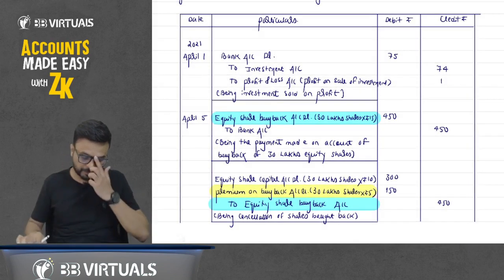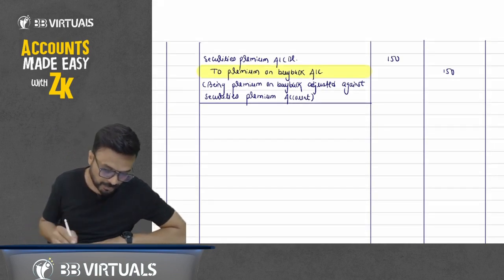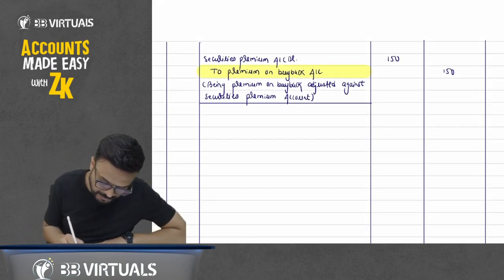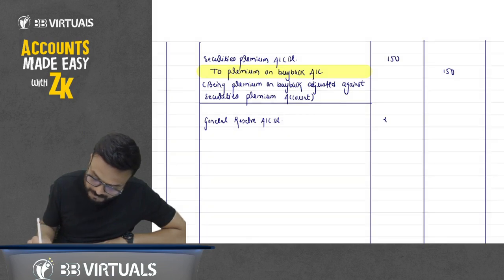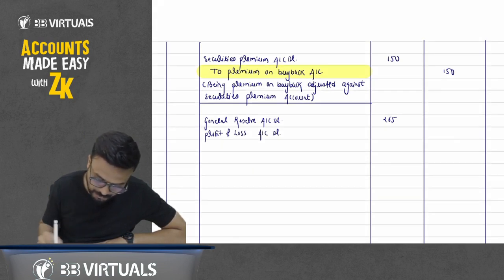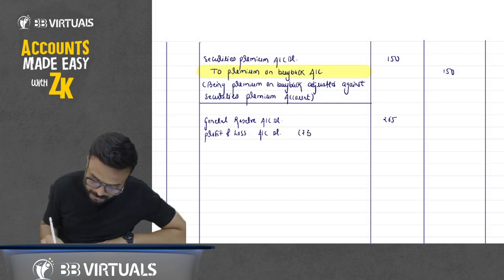So write down the next journal entry: general reserve account debit 265, profit and loss account debit 35. In total we require 300.